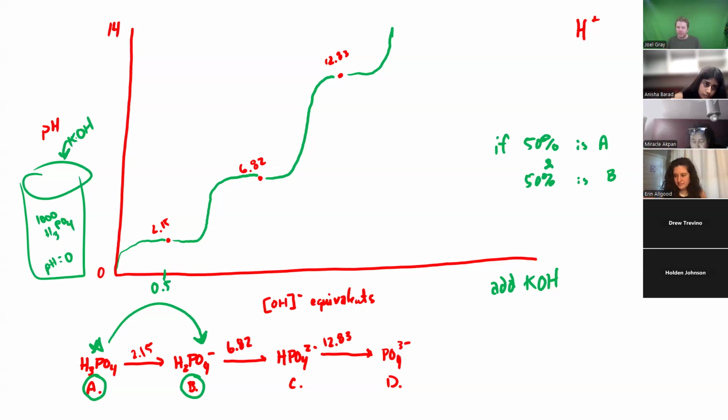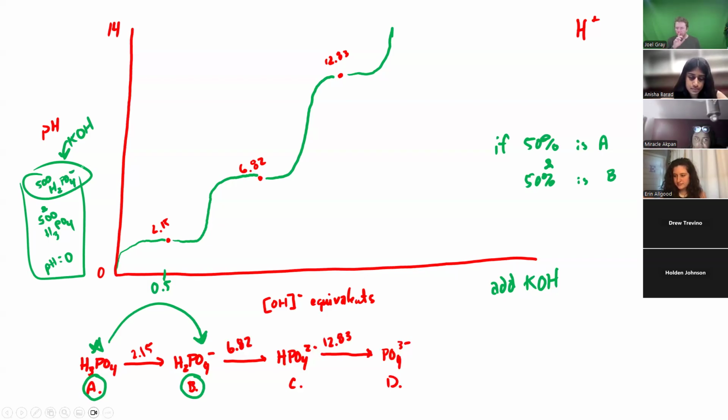Whenever I add base to that solution, what's going to happen to my pH? It's going to creep up. My pH is going to go up. Maybe not dramatically, but it's going to slowly but surely go up. Let's say that I've added enough base where 500 of the 1,000 molecules are H3PO4 and 500 are H2PO4 minus.